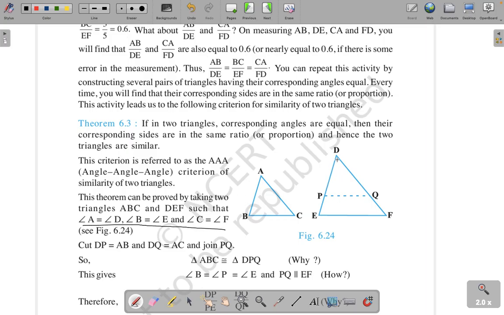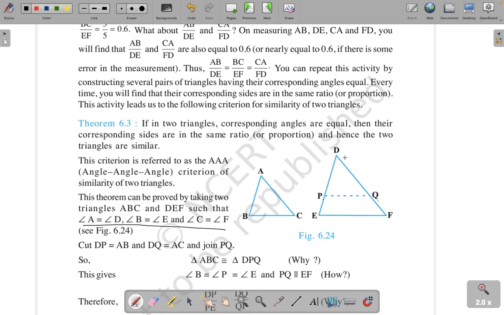Now, inside this triangle, you have to draw a length DP. What you are trying to do is merge this triangle inside this and then show that it is the same thing. Just draw a line P such that DP and AB are equal. Then you draw a line DQ such that DQ and AC are equal.